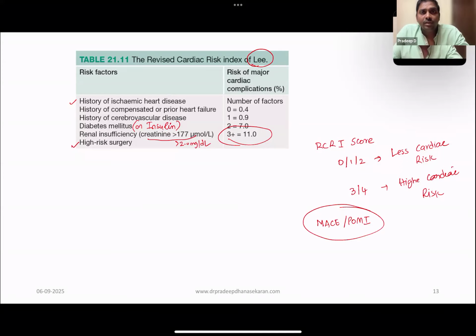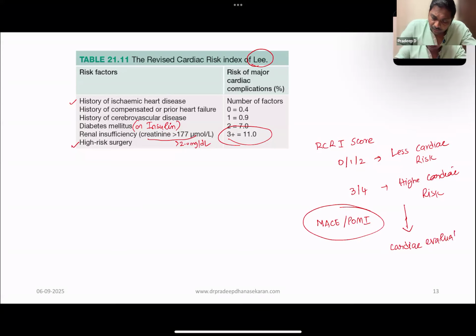So when there is more than 10% risk of postoperative MI or major adverse cardiac event, you need to subject the patient to further cardiological testing. Cardiac evaluation should be done in the form of angiography to find out whether there is any requirement for any preoperative stenting, etc.